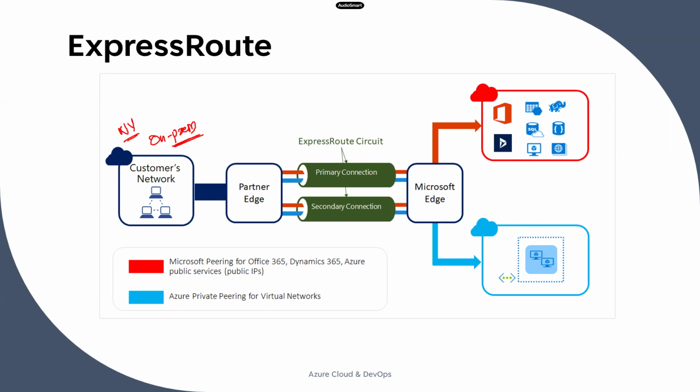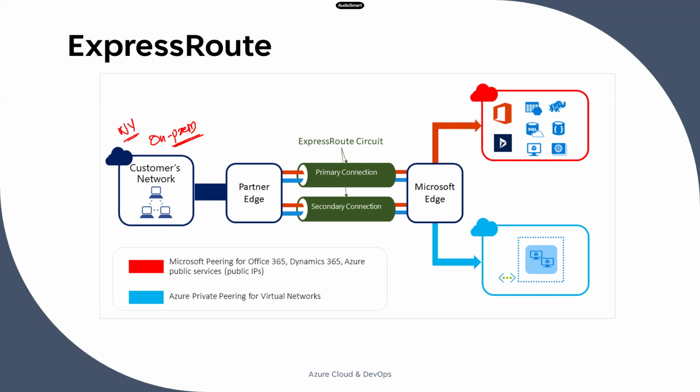So it will be a dedicated connection, which is encrypted as well. With ExpressRoute, we can establish a connection to Microsoft cloud services like Microsoft 365 or whatever we have.